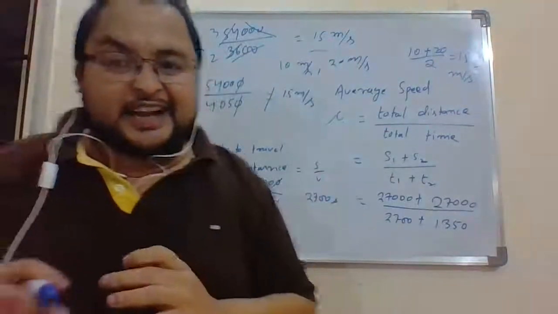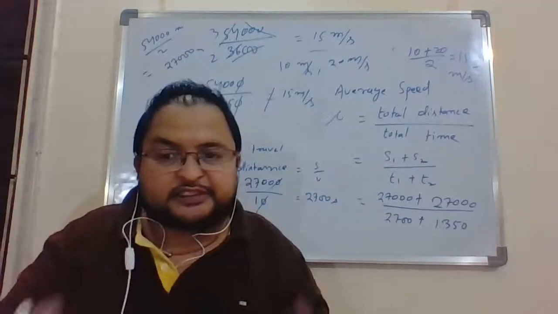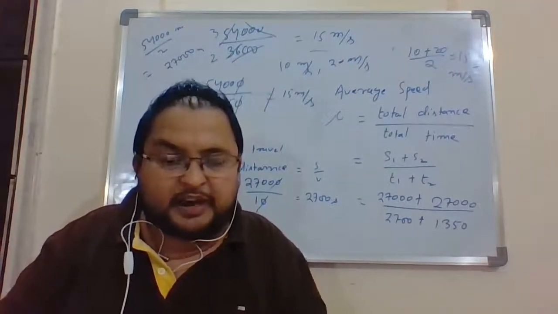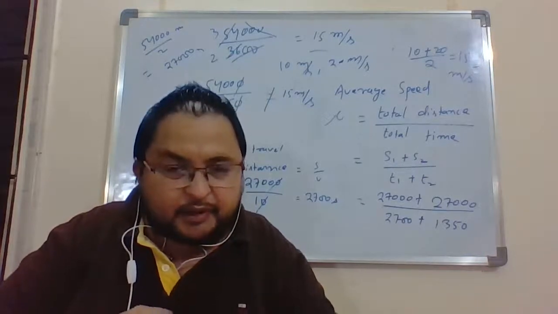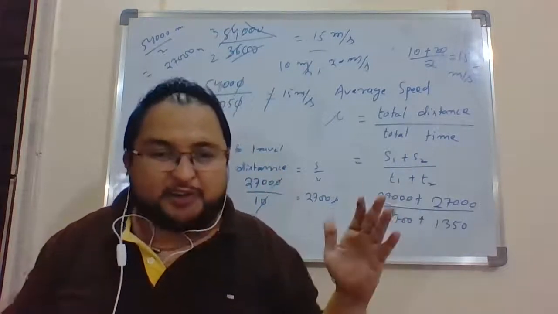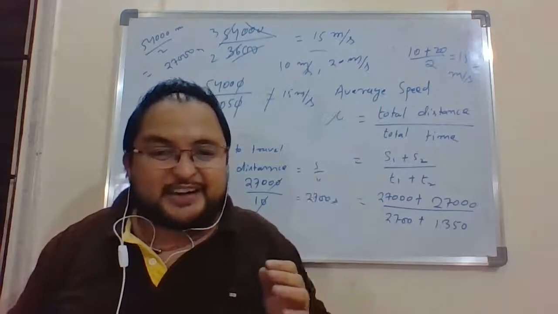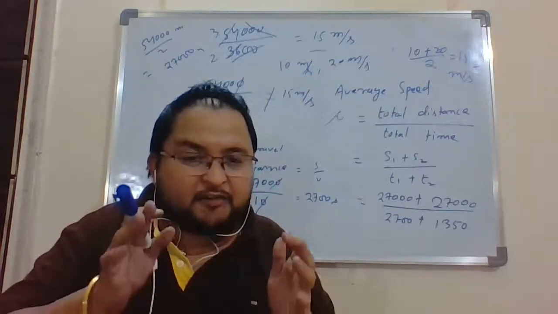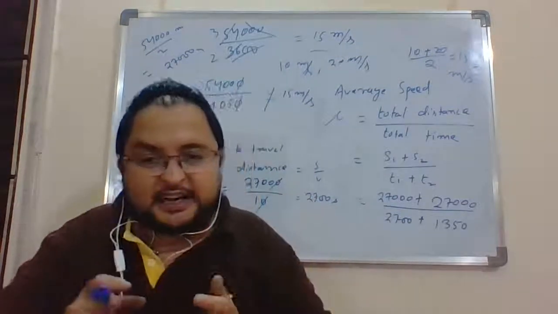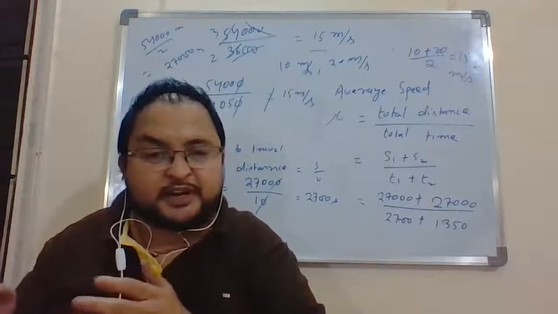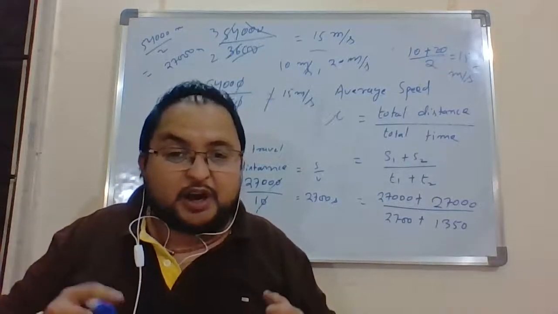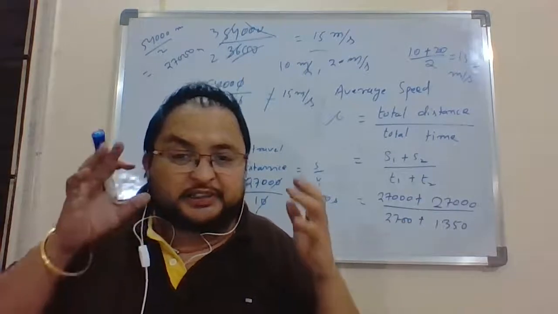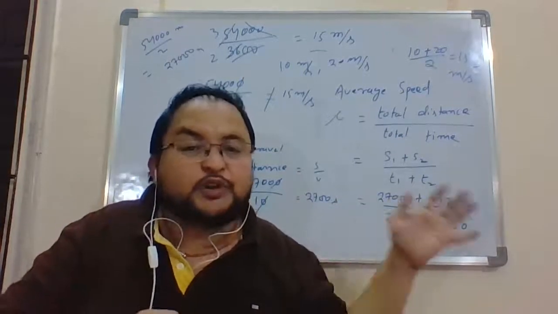So that is the thing that I wanted to get registered into your brain: if we take time out of the equation and say that in the first half it traveled at this speed and in the second half it traveled at this speed, then your average speed would not be the simple average of both the speeds.